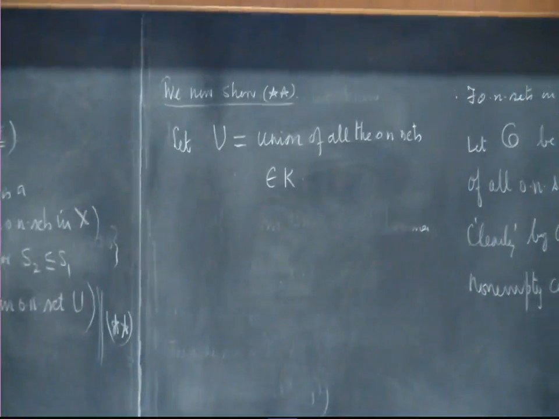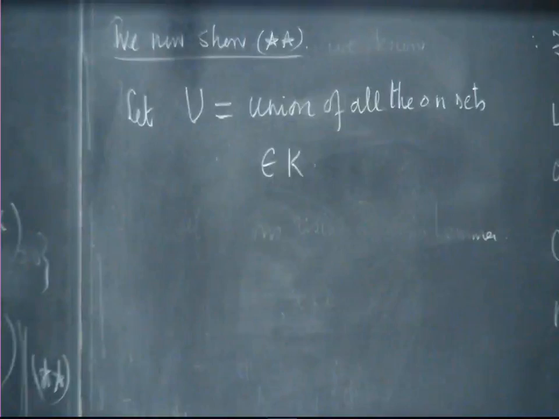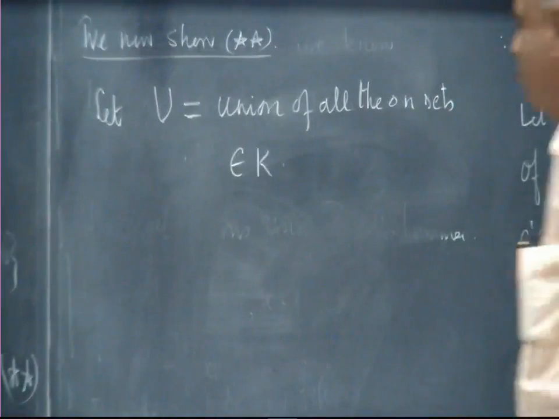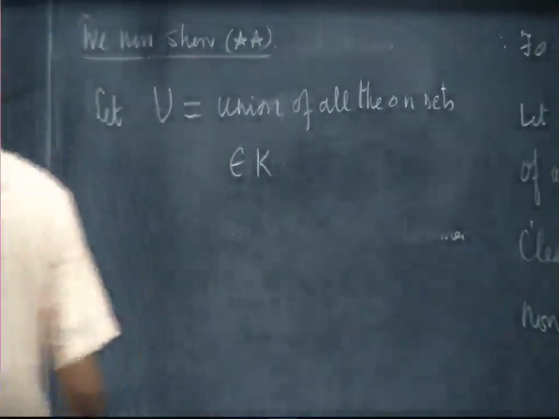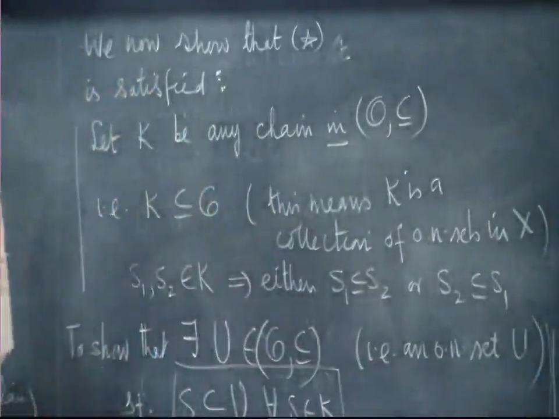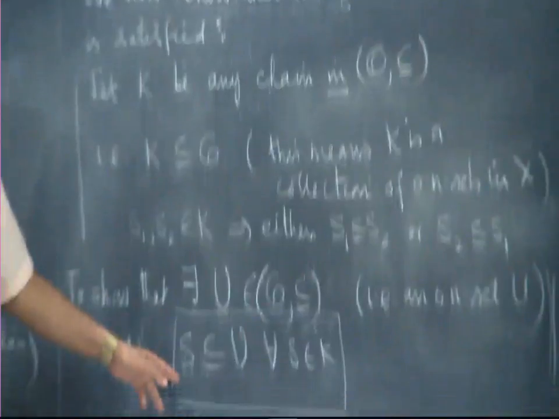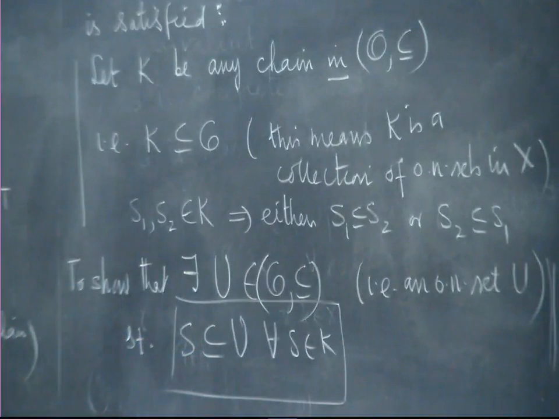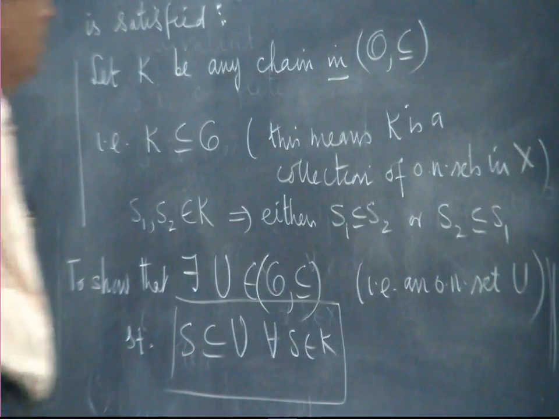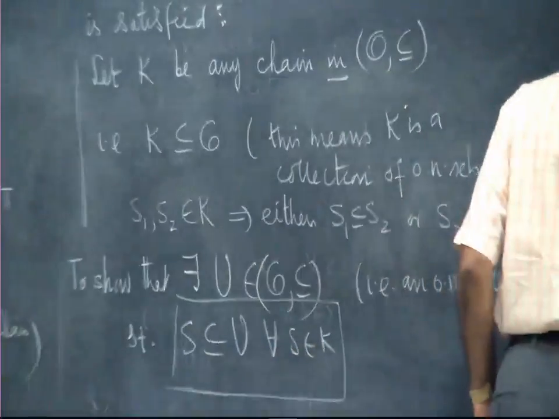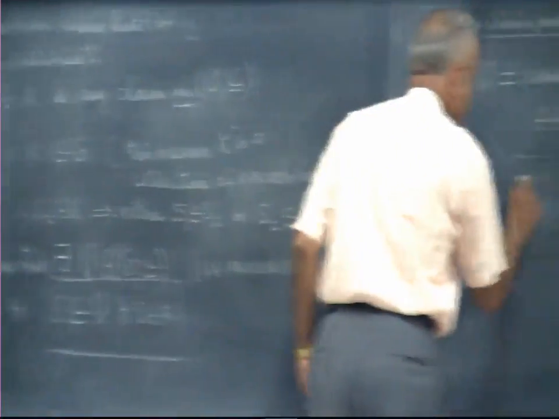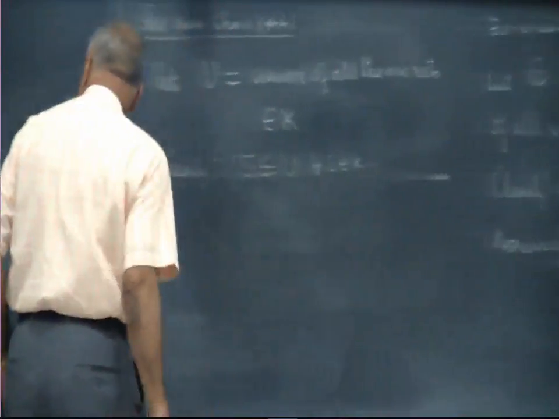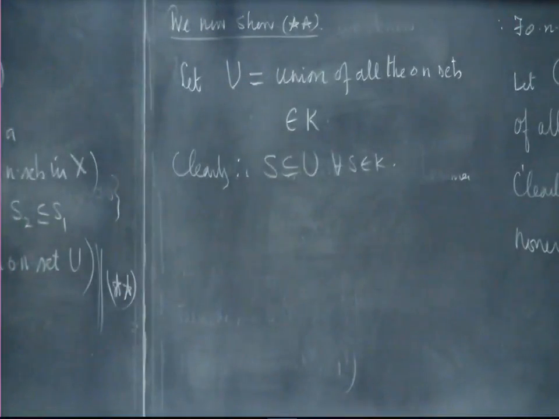So, take all the orthonormal sets belonging to K and take their union. Clearly then this is true, because U is the union of everybody. So, certainly everybody is part of it. Therefore, S is contained in U for every S in K. So, this part is already over.